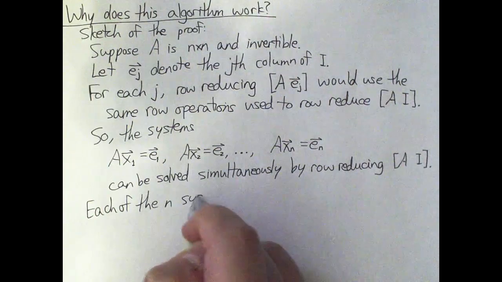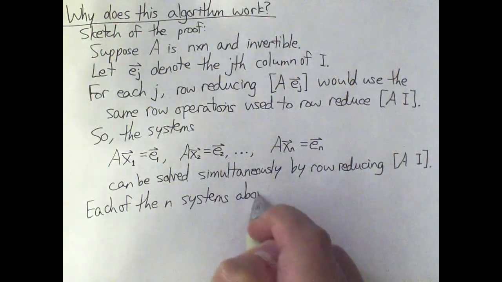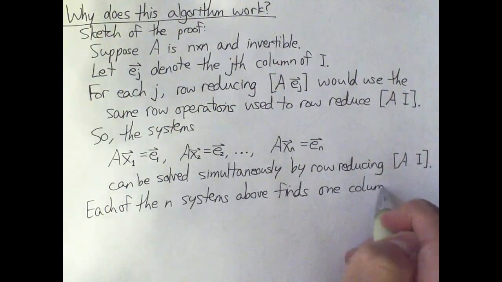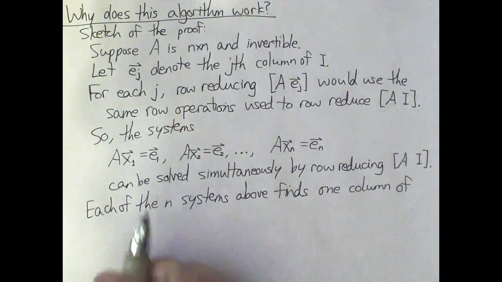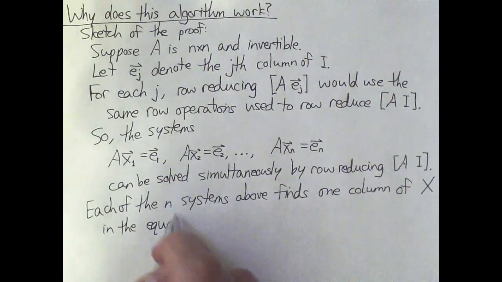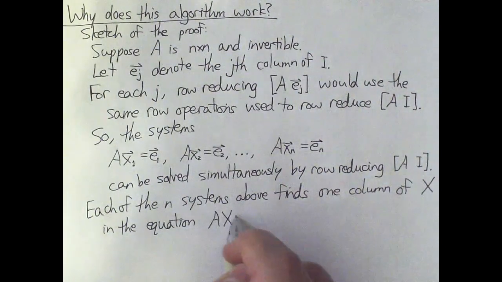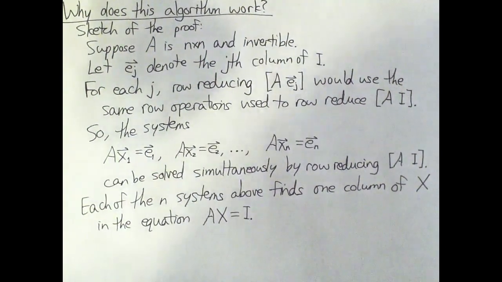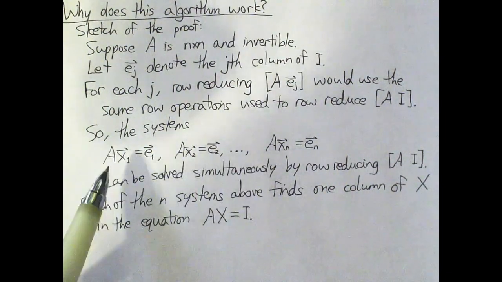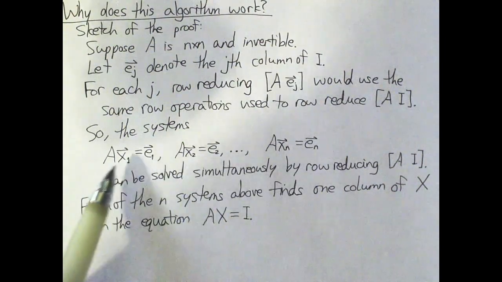Each of the n systems above finds one column of X in the equation, that's a capital X, in the equation AX equals I. Do you agree with that sentence, that here I have n systems, AX1 equals E1, AX2 equals E2, and so on, right?